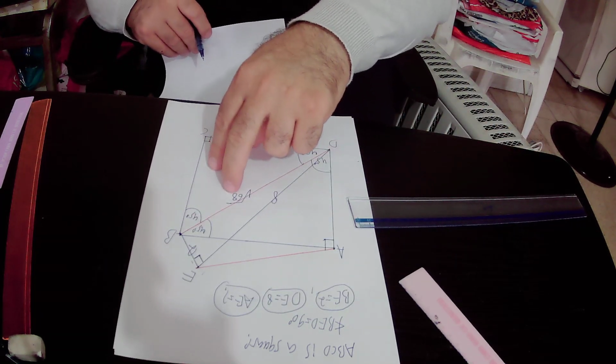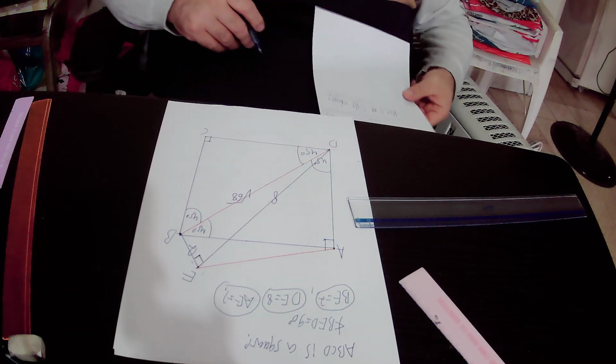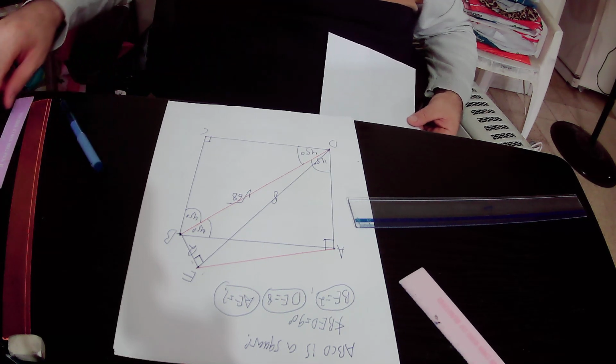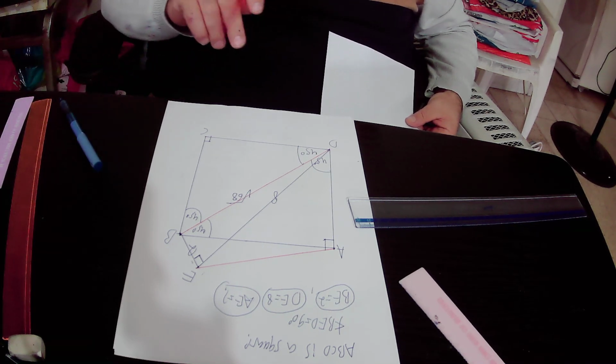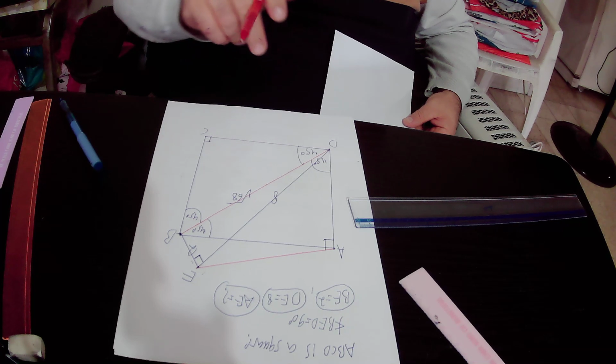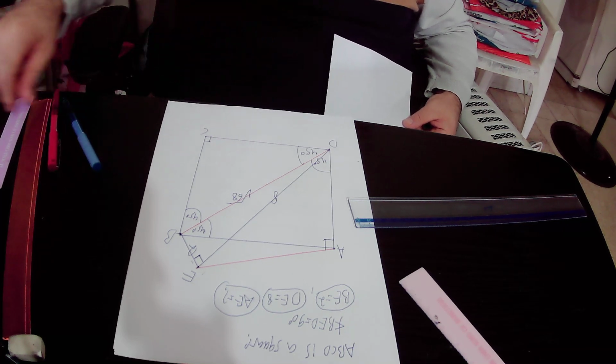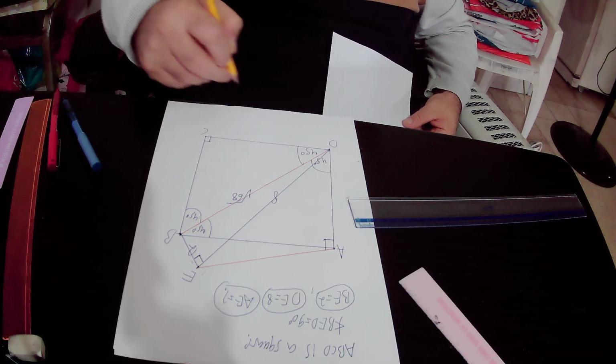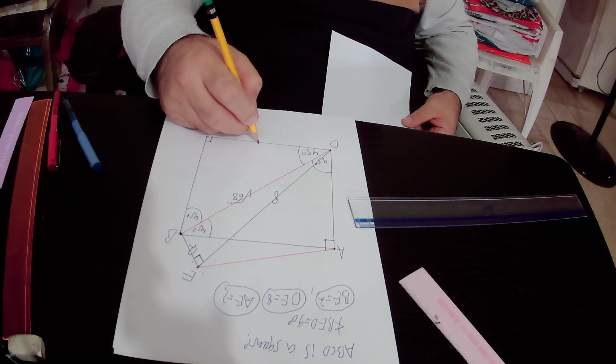Triangle BCD is a right triangle. We will define side CD as y. That is to say, CD equals y.